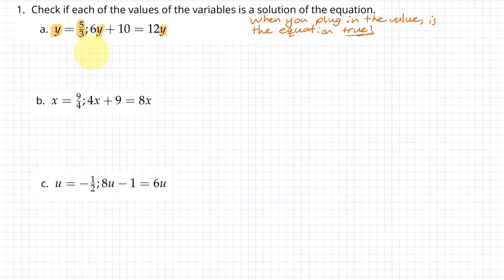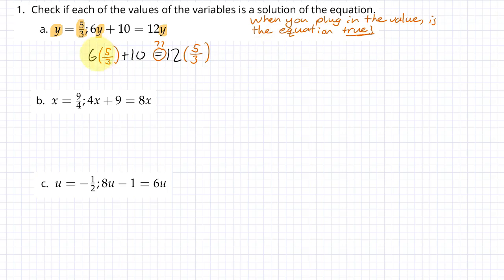That should make this whole thing become 6 times 5/3 plus 10 equals 12 times 5/3. And what we want to know is, is this actually true? Are both sides actually equal? Is what we want to see. So let's work it out.